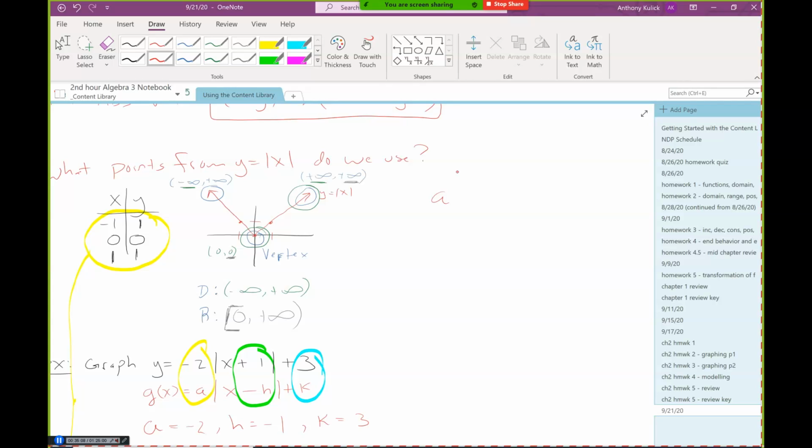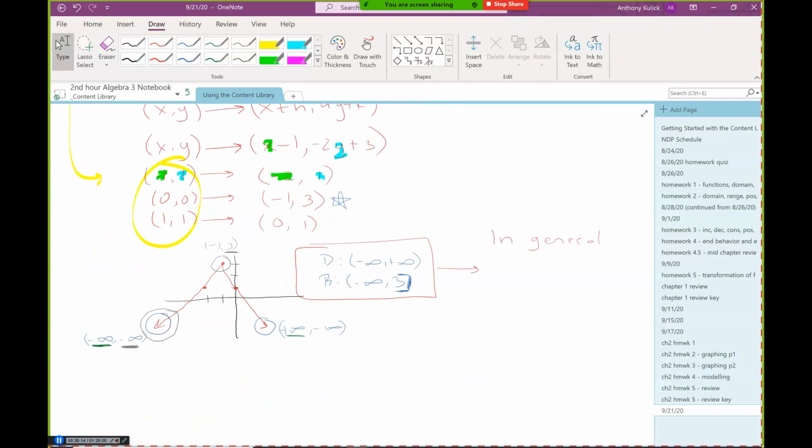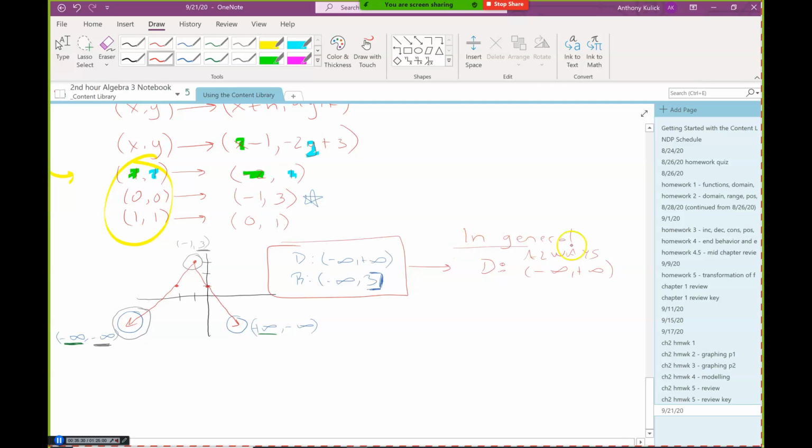No. So what does that tell me then about the domain? It's always going to be -infinity to +infinity for every absolute value graph.